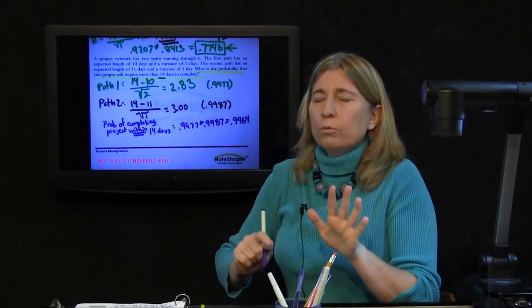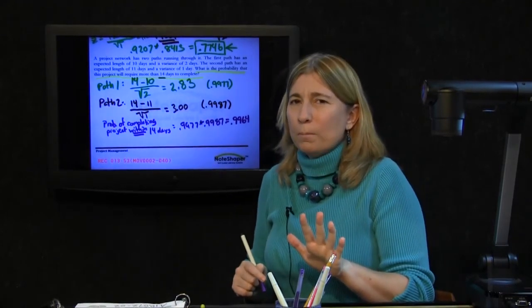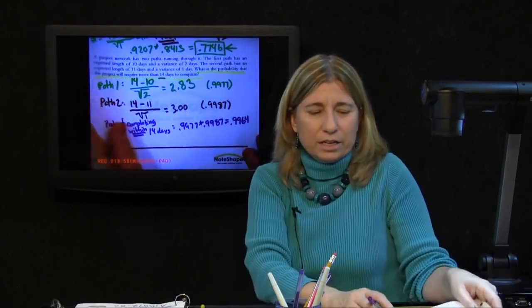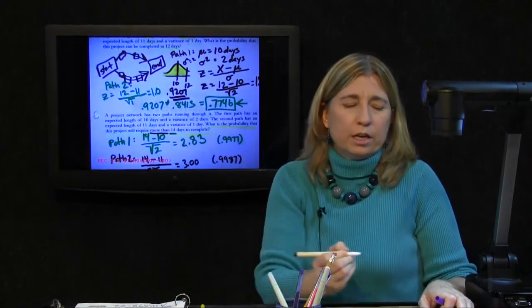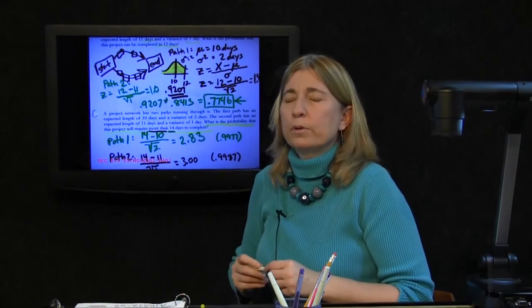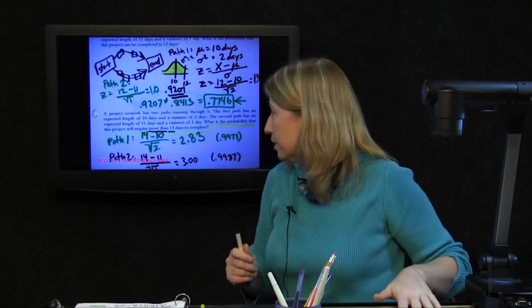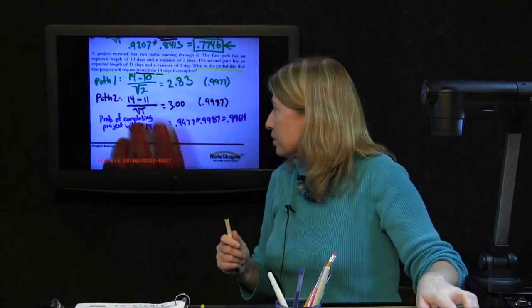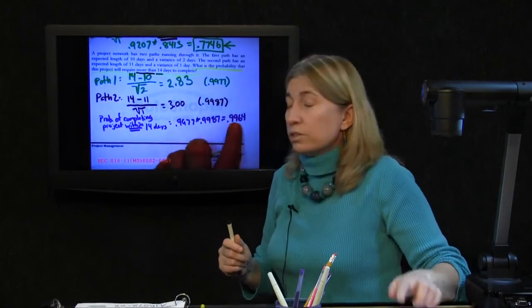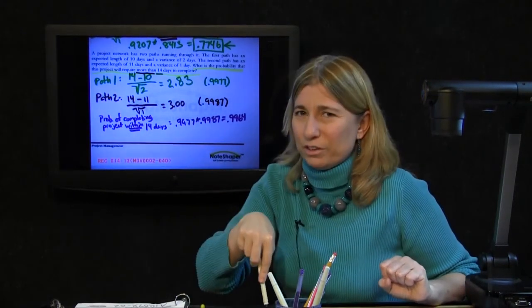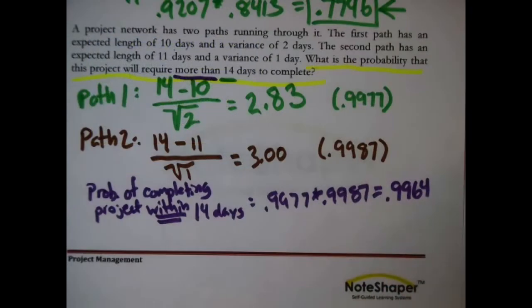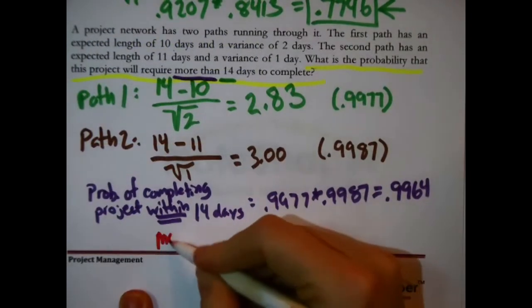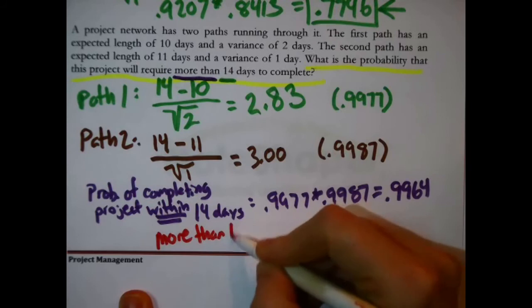But we'd better not walk away from this problem, because it does matter. Way back in the original question, it asked what is the probability this project will take more than 14 days. I was following the same steps as last time, right? It's very convenient, but what that results in is the probability that you'll be done within 14 days. It's asking the opposite, which is super easy to find at this point. More than 14 days.